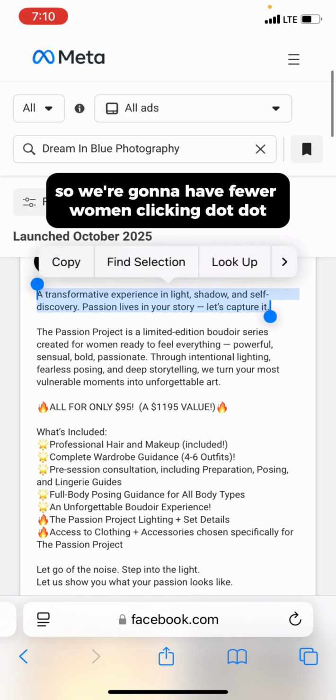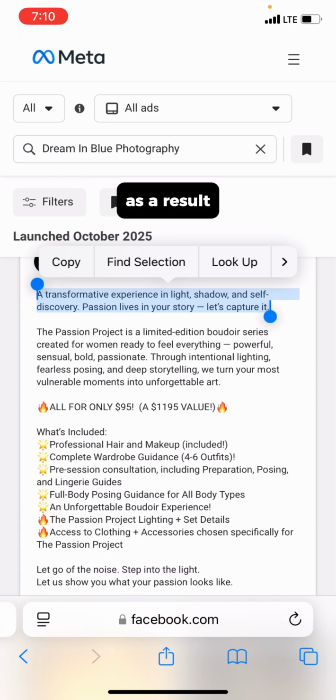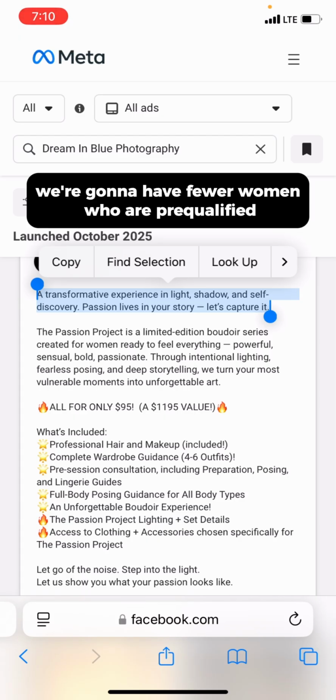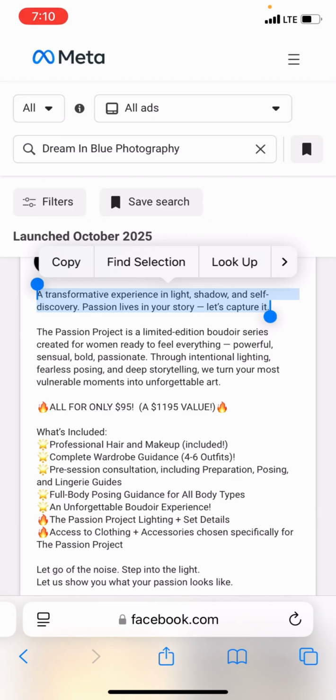So we're going to have fewer women clicking see more to open the ad copy. We're going to have fewer women consuming the full ad copy, which is how women get pre-qualified. As a result, we're going to have fewer pre-qualified women, which gives us fewer qualified leads, fewer qualified appointments.